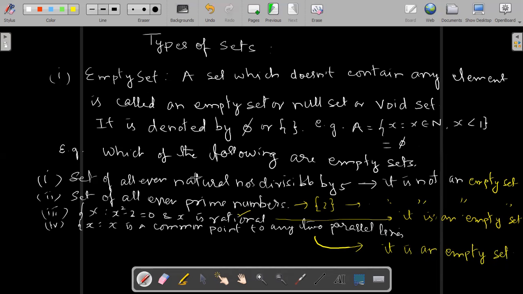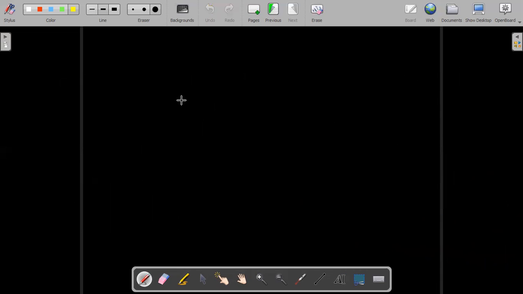Similarly, it is generally given in set builder form. Let's take another example where it is given in set builder form with some properties. A is the set of x such that x belongs to N, natural numbers, and x is less than or equal to 1.